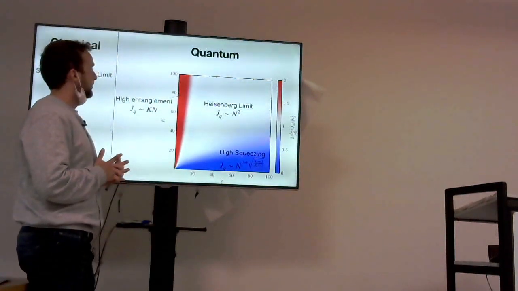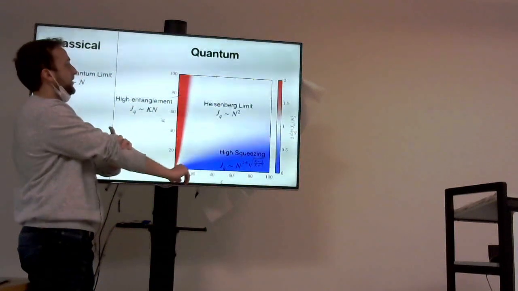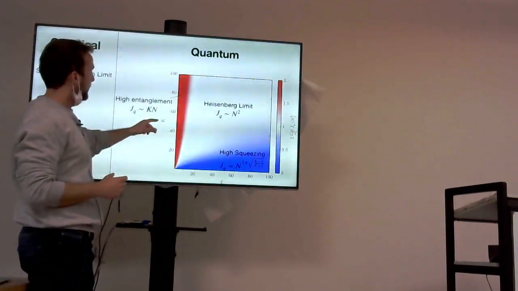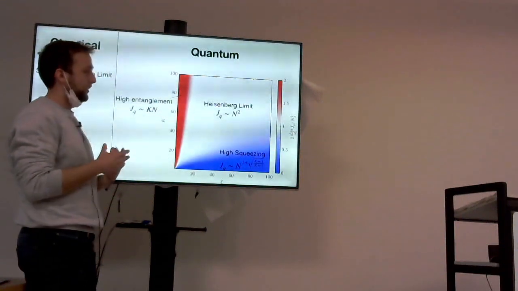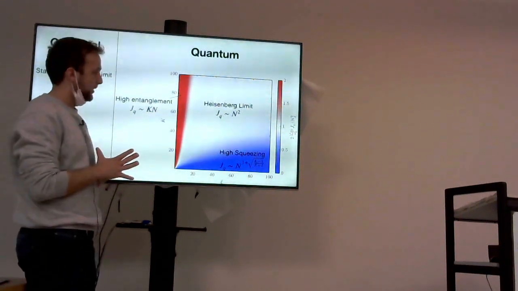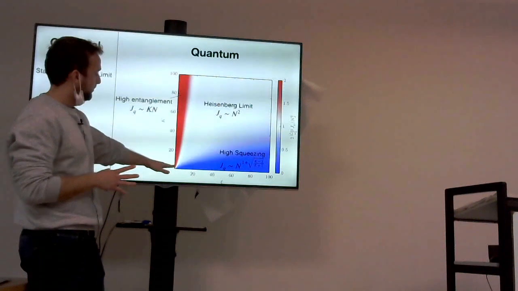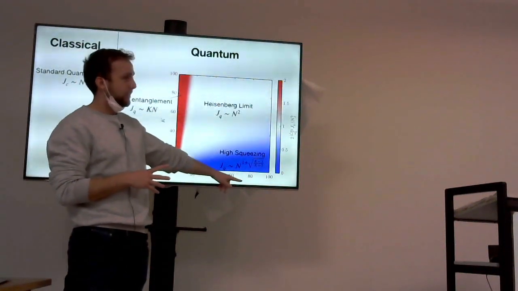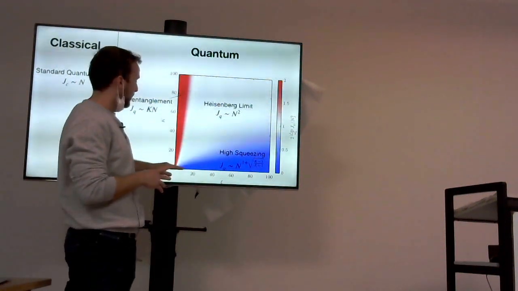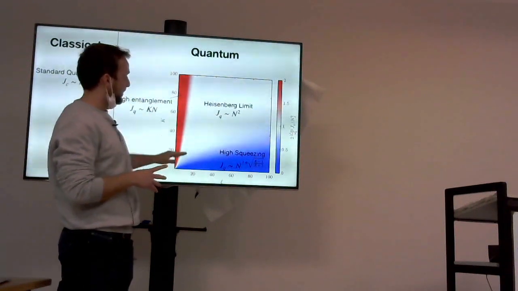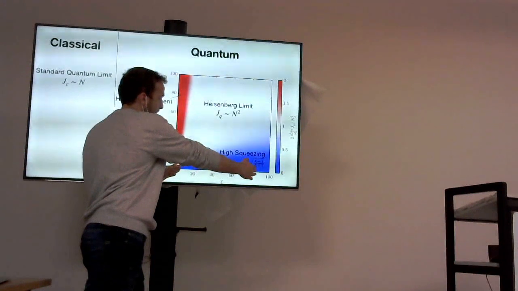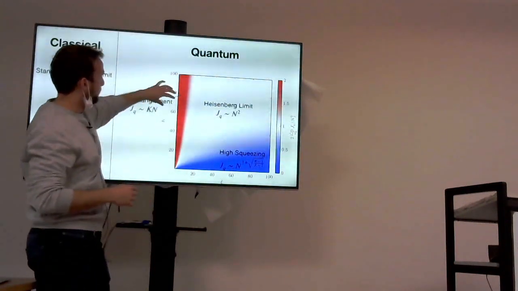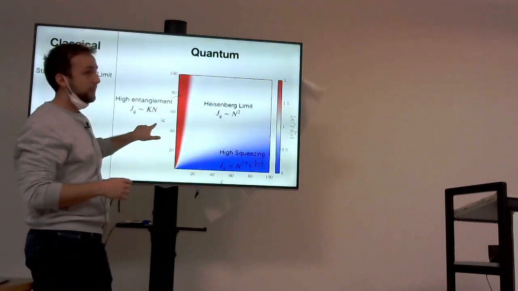And in this diagram, you see the quantum Fisher information of the quantum protocol for the parameters. So we plotted against both quantum resources. Here is the squeezing, and here is the frequency entanglement parameter.